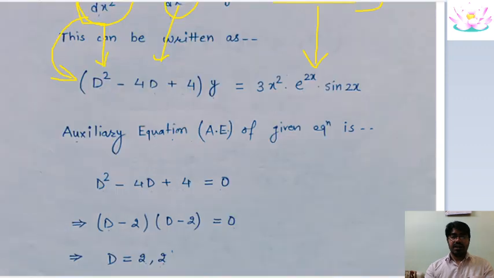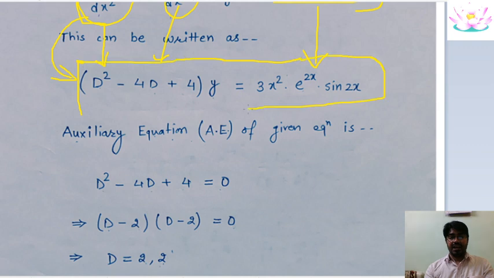The advantage of writing in differential or D form is to get the auxiliary equation and hence its roots. The auxiliary equation of the given problem is D square minus 4D plus 4 is equal to 0. After factorizing, we get 2 and 2, two similar roots.